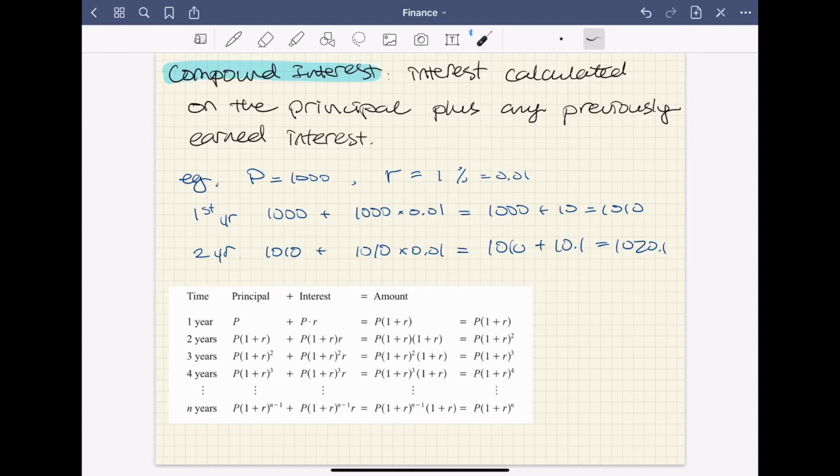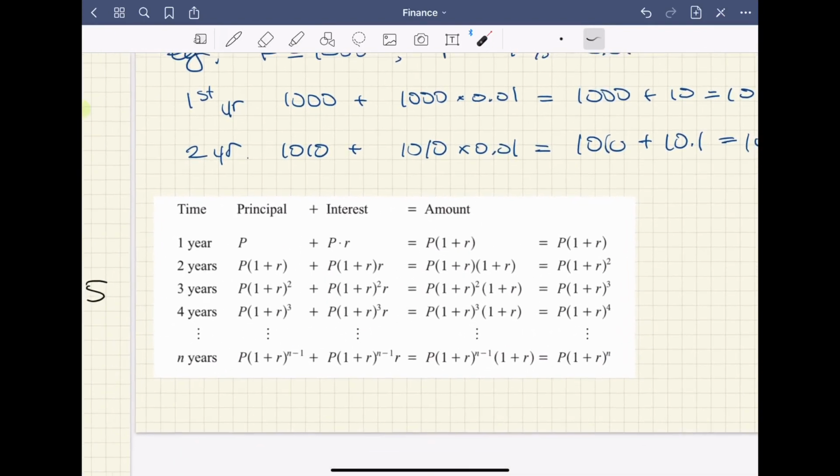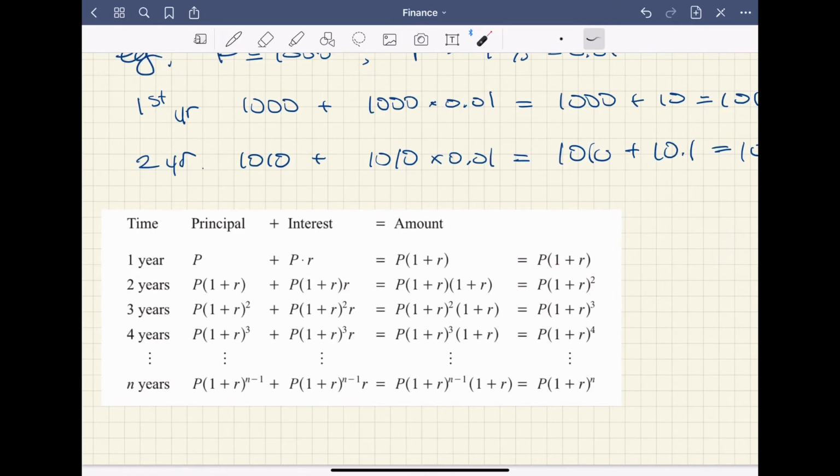Now let's derive a formula for compound interest. If you guys look at this picture here, P stands for principal, R stands for rate, and time is ignored because it's always multiplied by 1. The gap is always 1 year. Okay? So on the first year, principal is the original principal.